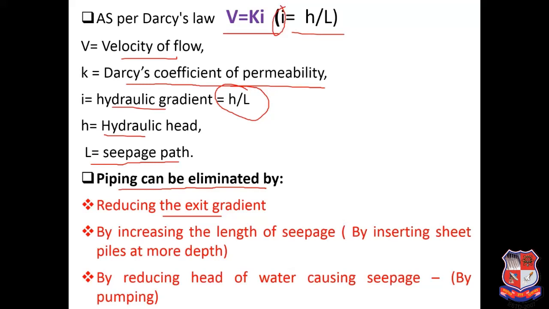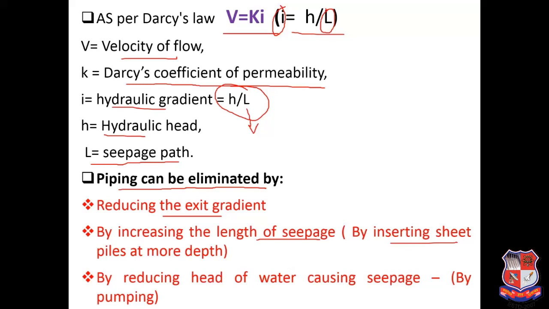So if we want to minimize it, there are two options, because H and L are the two variables. By increasing the length of seepage, that is L, the denominator, अगर आप उसको ज़्यादा कर रहे हैं तो आपका हाइड्रोलिक ग्रेडियंट हो जाएगा कम. So how can you increase the length of seepage?